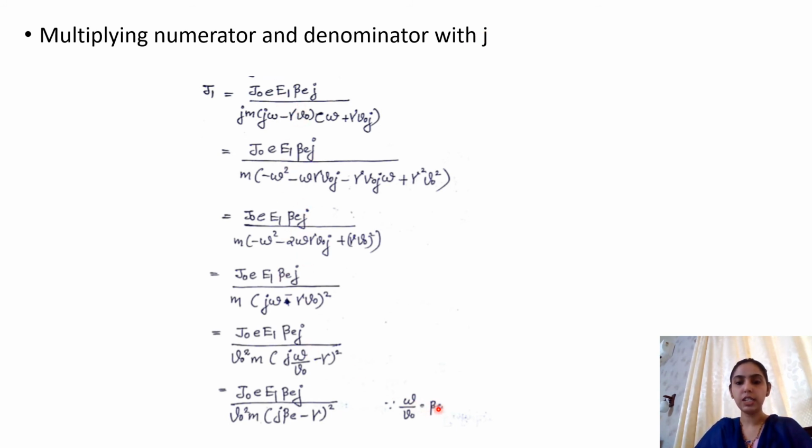Now we know that beta is omega by V0, and also in the final step small v0 could be replaced with root of 2eV0 by m, which we already know. So in the next step instead of v0 we substitute root of 2eV0 by m.